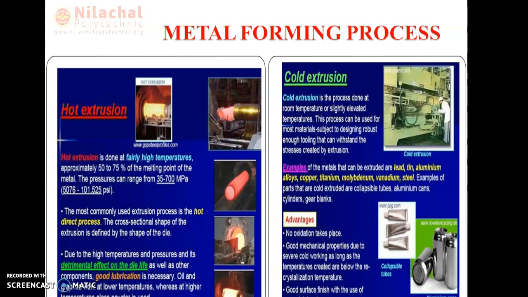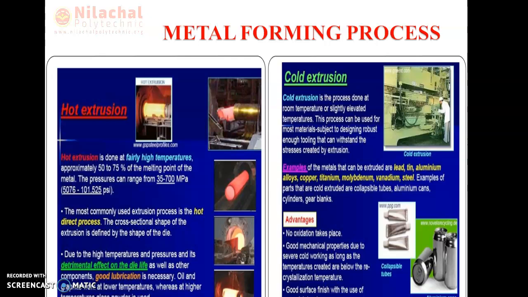The metals that can be extruded include lead, tin, aluminium alloys, copper, titanium, vanadium and steel.